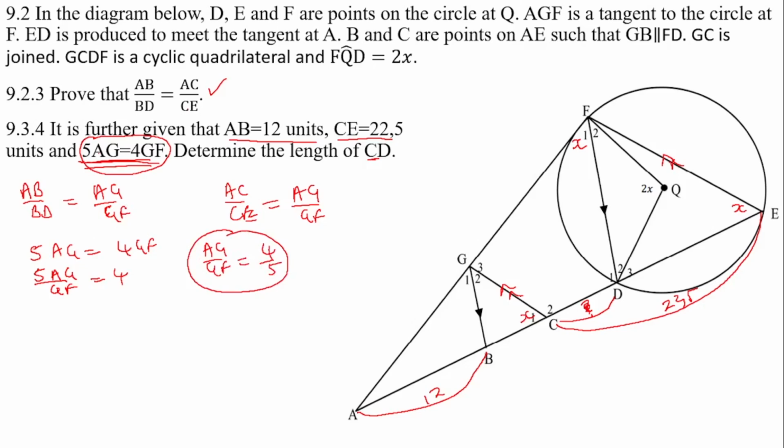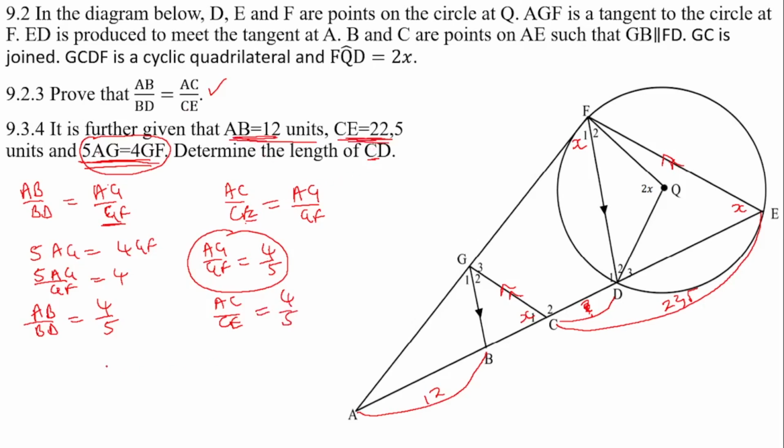So it means that from this we can say AB over BD is equal to 4 over 5, and AC over CE is equal to 4 over 5. But we're given AB is 12 units, and CE is 22.5.